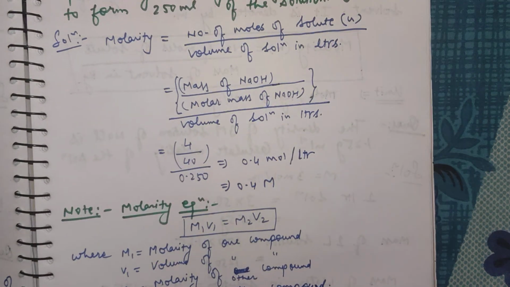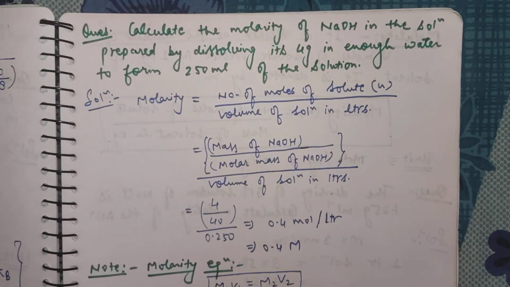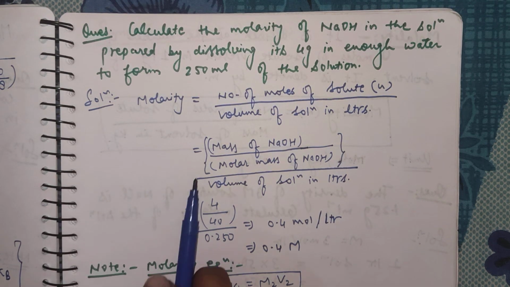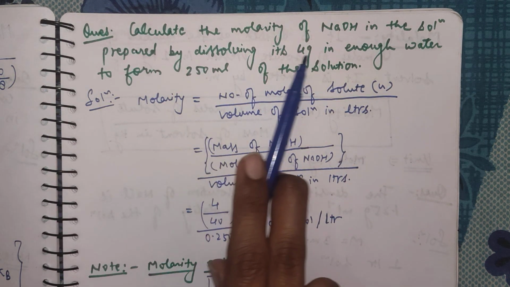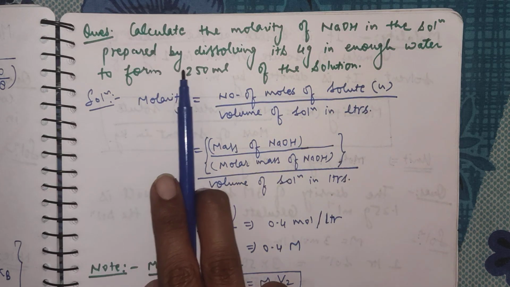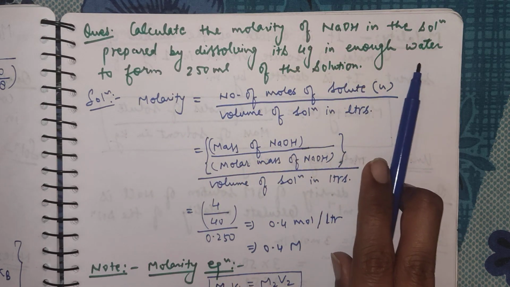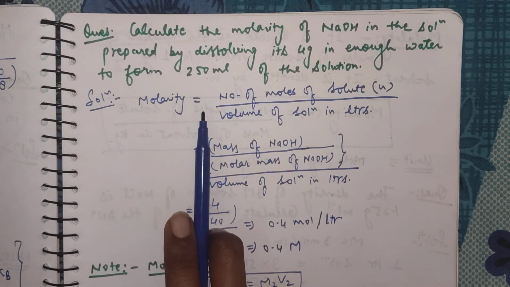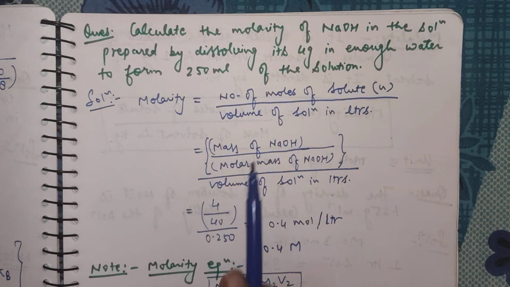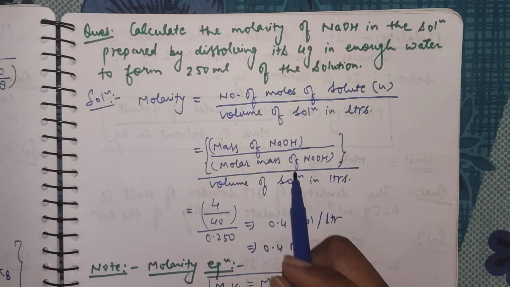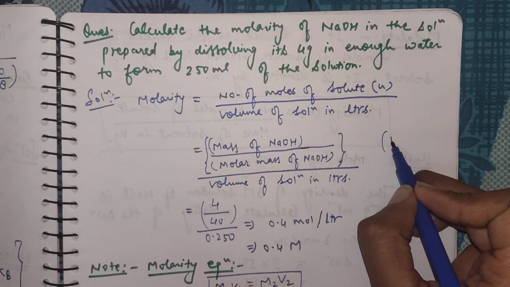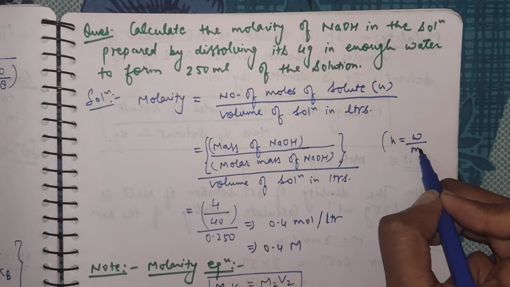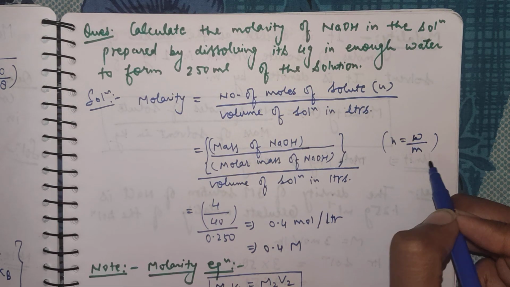So in this way we have a new question based on it. On the molarity concept, calculate the molarity of NaOH in the solution prepared by dissolving 4 gram in enough water to form 250 ml of the solution. So molarity is equal to the number of moles of solute upon volume of solution in liters. The number of moles has the formula given mass upon molar mass, where W is the given mass and M is the molar mass.